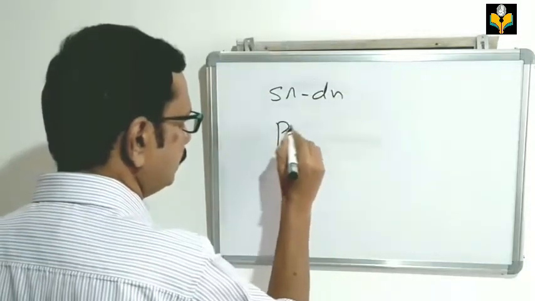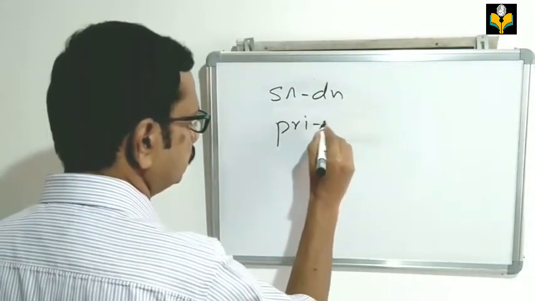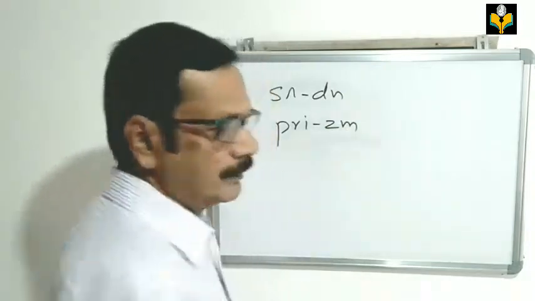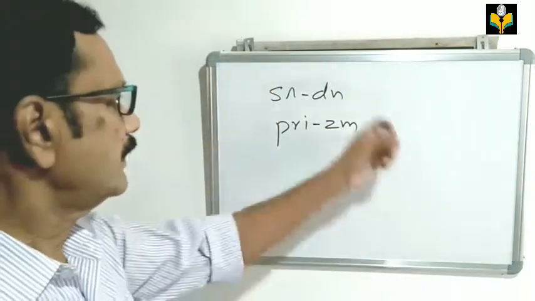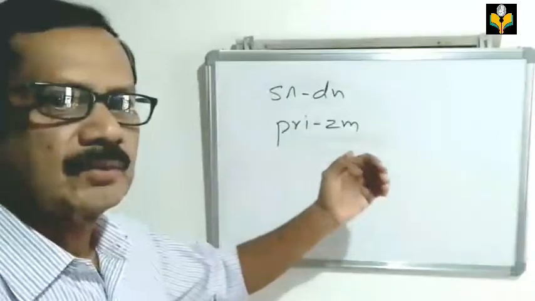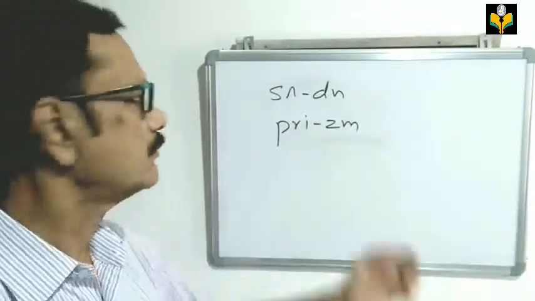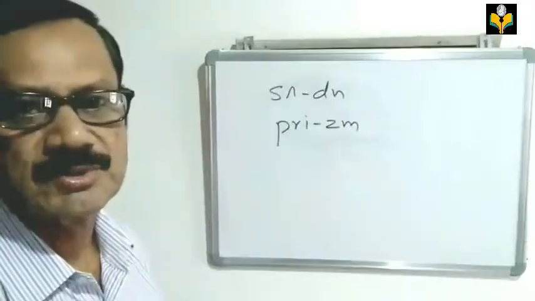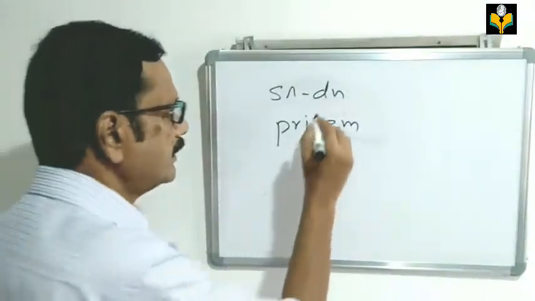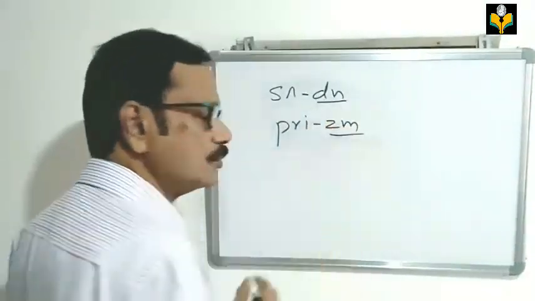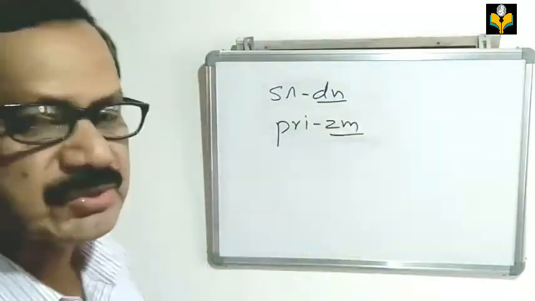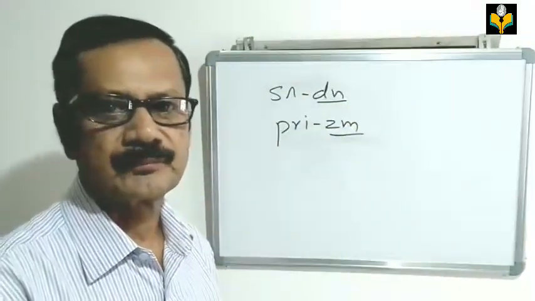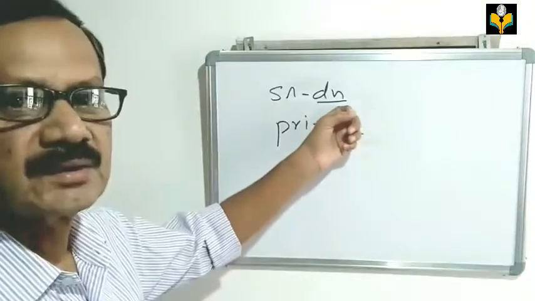Then prism. Here we can see two syllables, sudden and prism. But in the second syllables, no vowel is there.